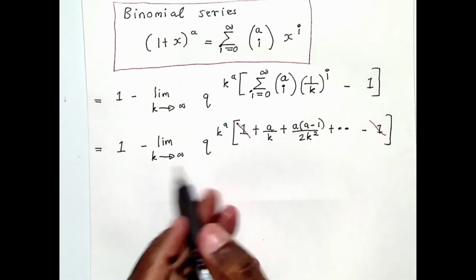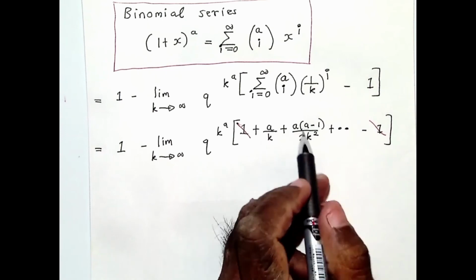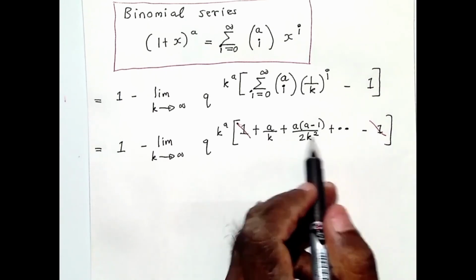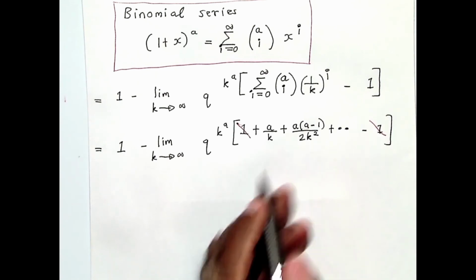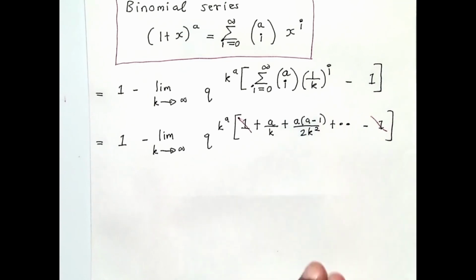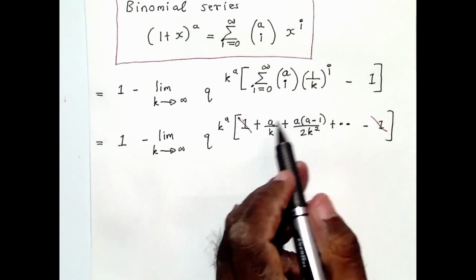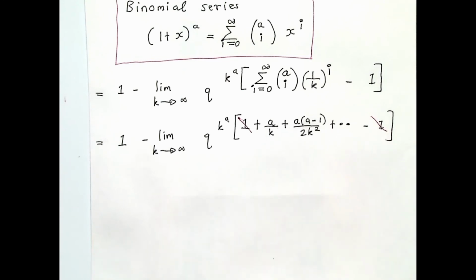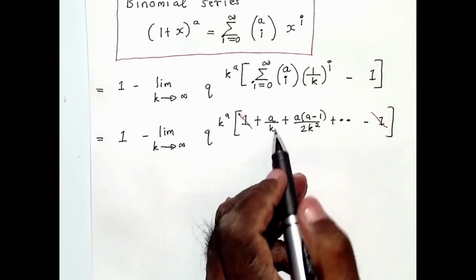So as k approaches infinity, this term will be a lot larger than this, and all the subsequent terms will be a lot smaller than this. So pretty much you can ignore all the terms after this, because this is going to be the dominant term as k approaches infinity, and you can ignore all the terms that follow this.